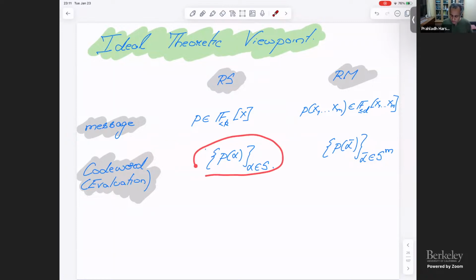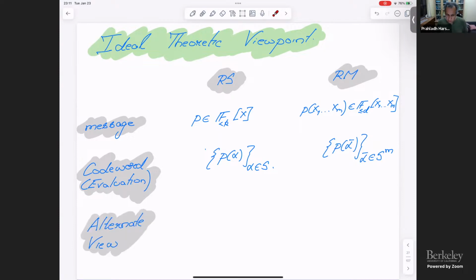And the encoding is just a set of evaluations. That's the evaluation of the univariate polynomial on all the points in the set of evaluation points, or the evaluation of the multivariate polynomial on all points in the grid. That's the usual viewpoint that we've taken so far, the standard representation, which I talked about in the previous slides. What we'll do is talk about a slightly alternate viewpoint in which each of these elements, I'm going to view them.